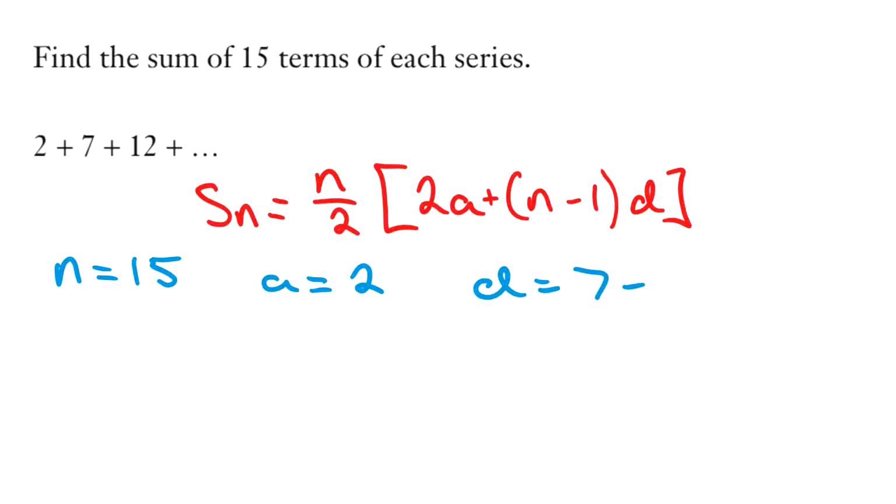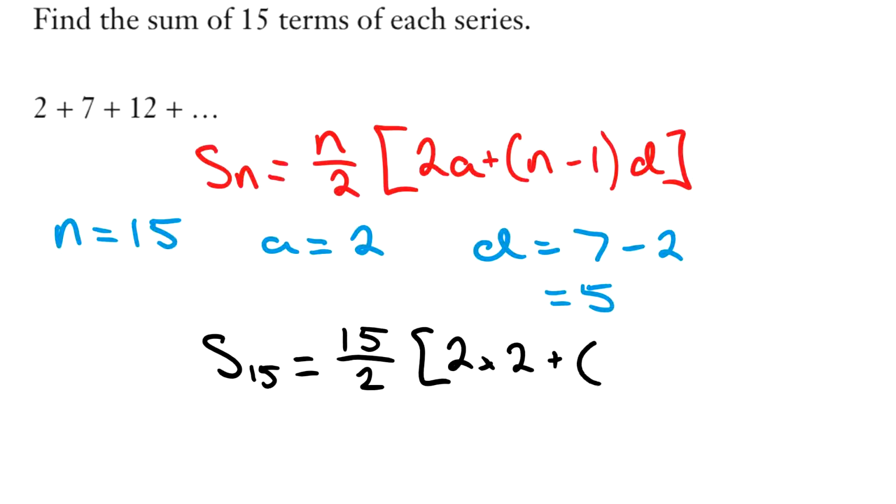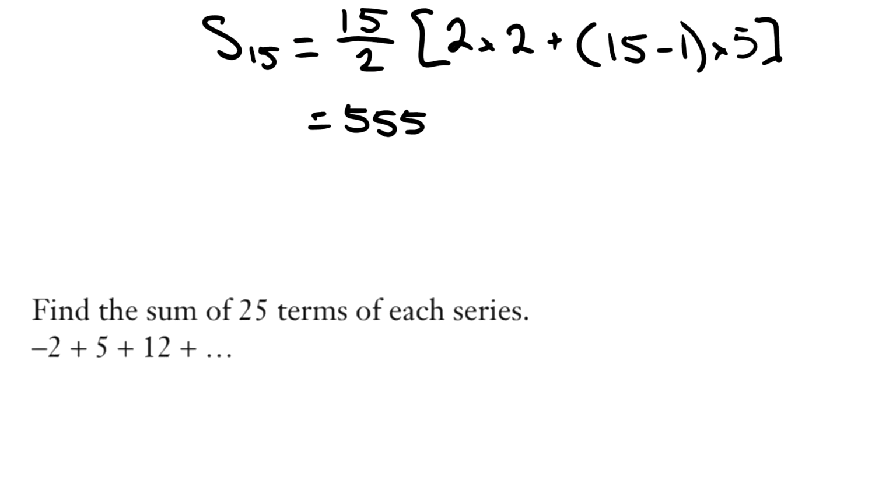So in our case, 7 take away 2. Once you've got that, we can substitute this into the formula and get our answer. Now for that, you can just use a calculator, put it in and get your answer.